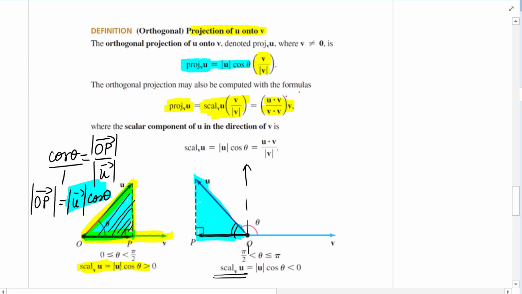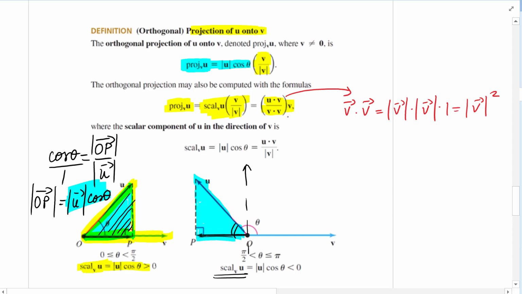And this is because if we do the dot product of a vector with itself, we get the magnitude of v times the magnitude of v times cosine of 0, which is 1. So it's equal to the magnitude of v squared.